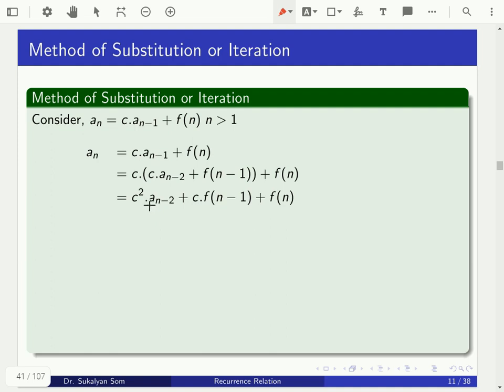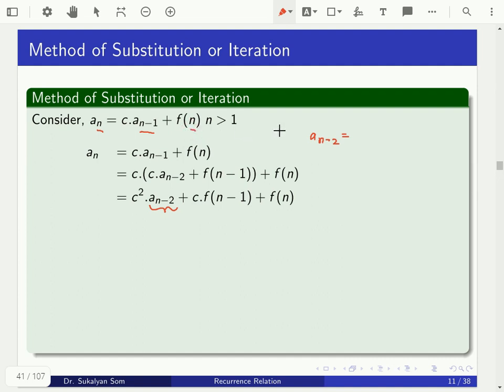If we put n equal to n-2, then n becomes n-2, n-1 becomes n-3, and f(n) becomes f(n-2). So from the given recurrence relation, we get a_(n-2) equals c times a_(n-3) plus f(n-2).